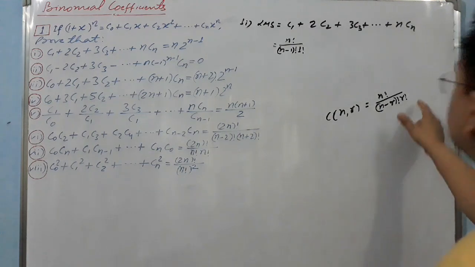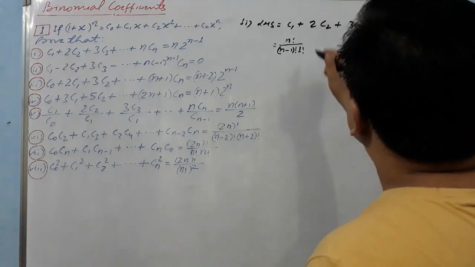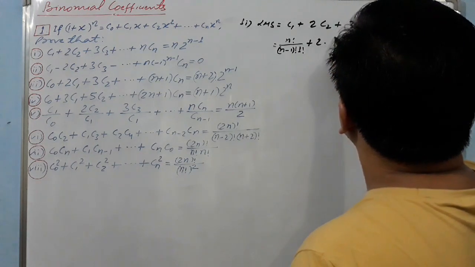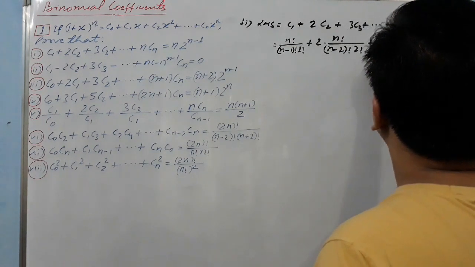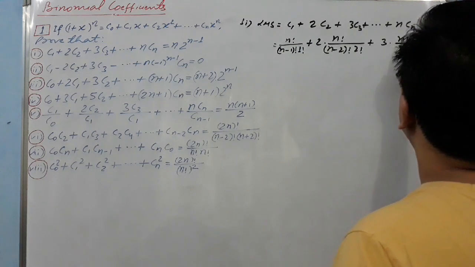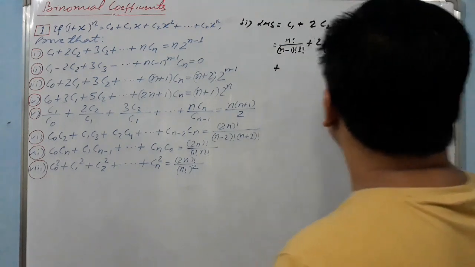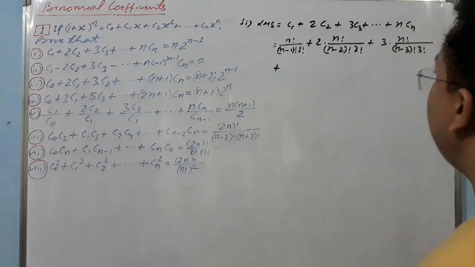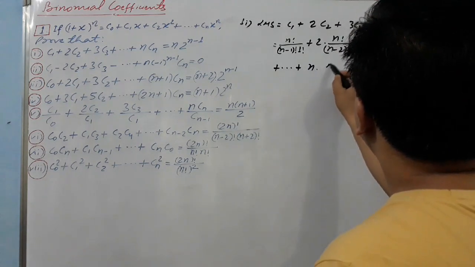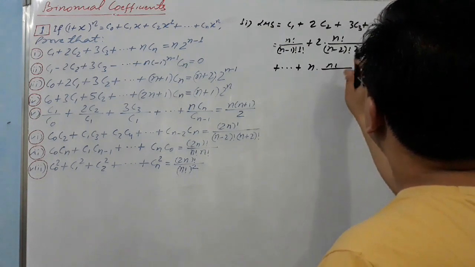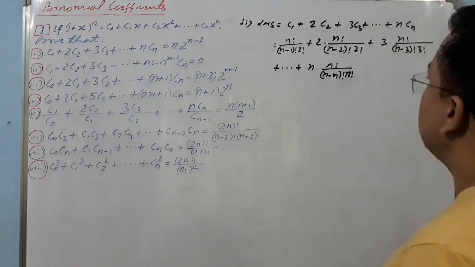Using this formula I'm going to write each term this way: plus 2 times, here c2 means n factorial over n minus 2 factorial times 2 factorial, plus 3 times n factorial over n minus 3 factorial times 3 factorial, plus dot dot, and plus n times cn, which means n factorial over n minus n factorial times n factorial.